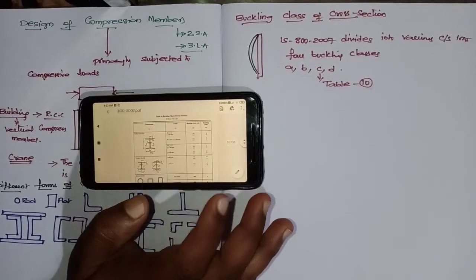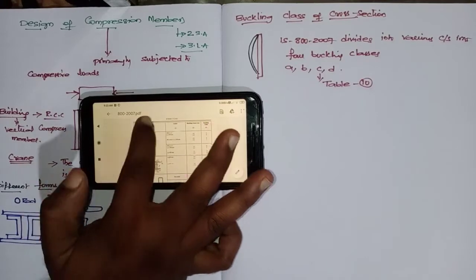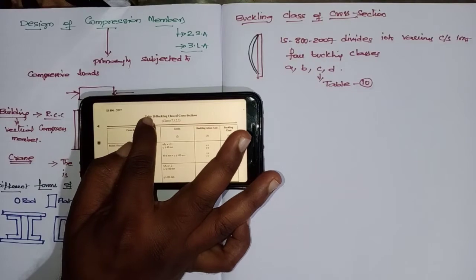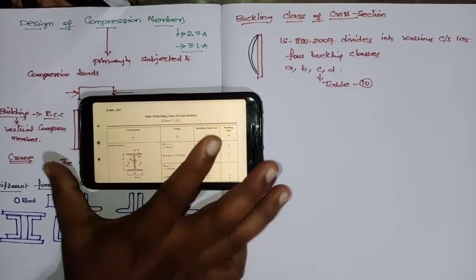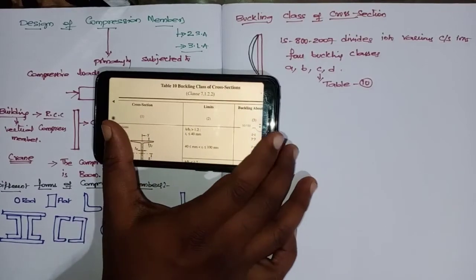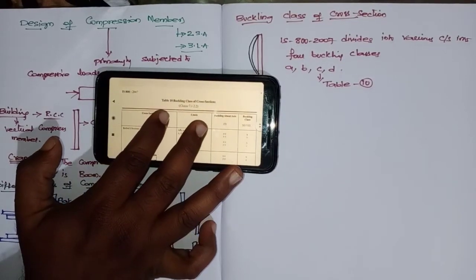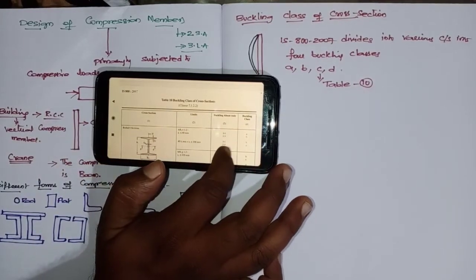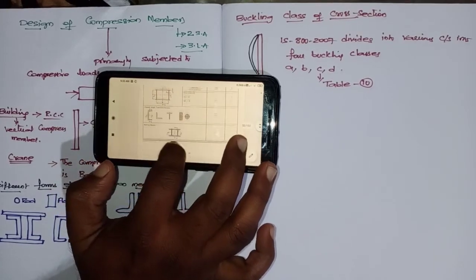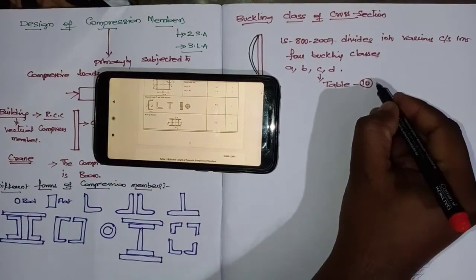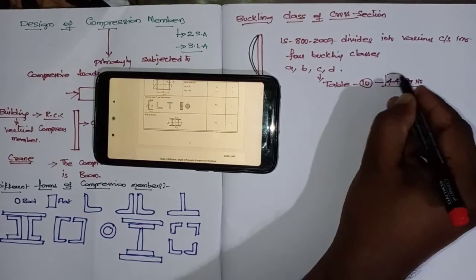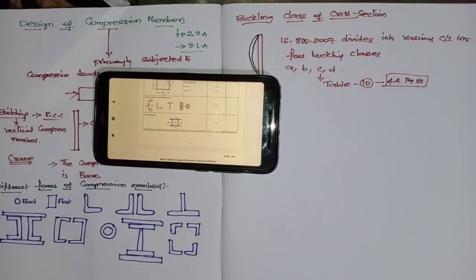So here, if you can see IS 800 2007, in that table number 10, I hope you can see this, right? Buckling class of cross section. In that you have cross sections and A, B, C, D buckling classes. Now this is as per page number 44 of IS. Remember these page numbers, which are very important.